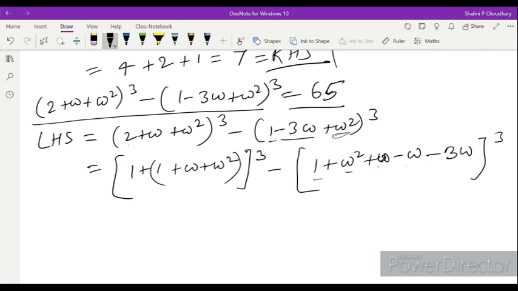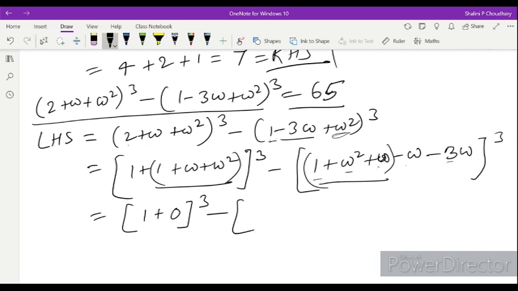We have added omega and subtracted omega, so there will be no change, and minus 3 omega is here. Now 1 plus omega square plus omega will be equal to 0. So what will be the value? 1 plus this one will be 0 cube, minus this one will be 0, and minus omega minus 3 omega will be equal to minus 4 omega cube.